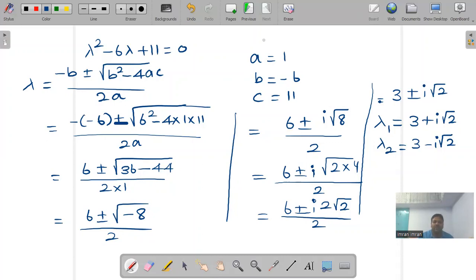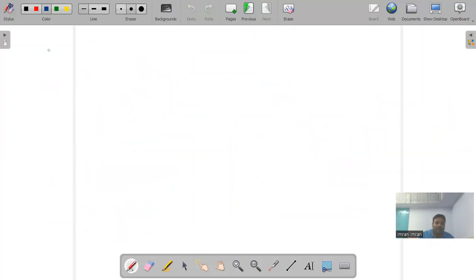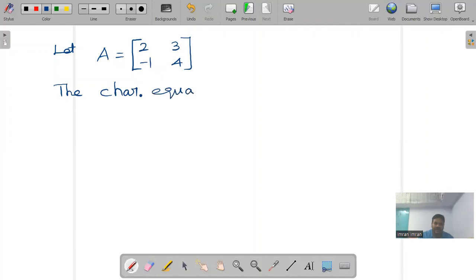Now we have to verify the Cayley-Hamilton theorem. The given matrix is A equal to 2, 3, minus 1, 4. The characteristic equation is lambda square minus 6 lambda plus 11 equal to 0.